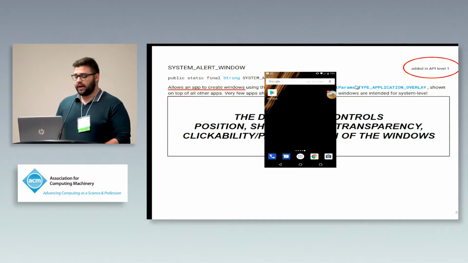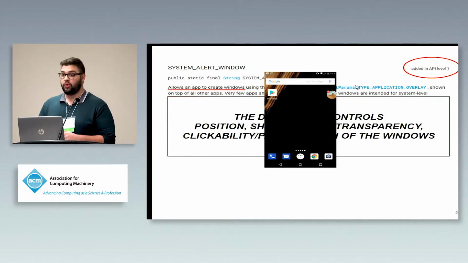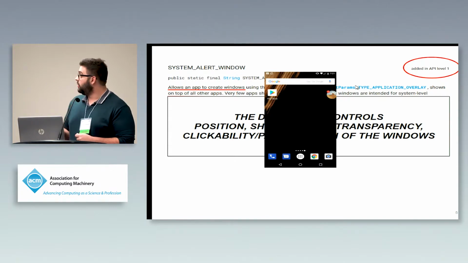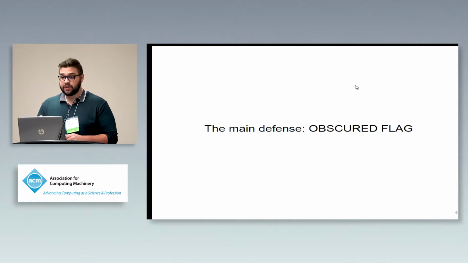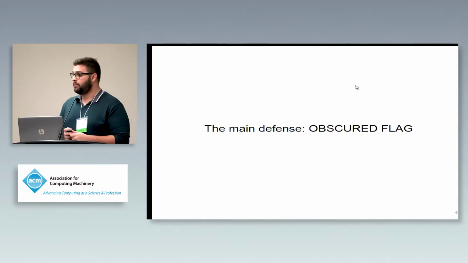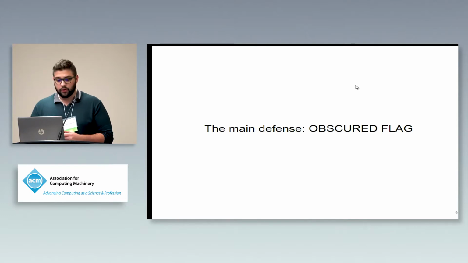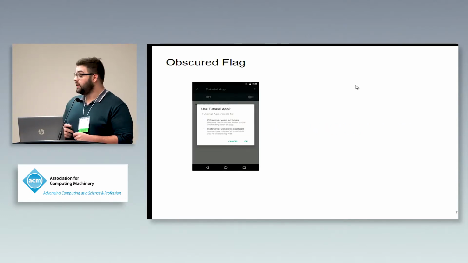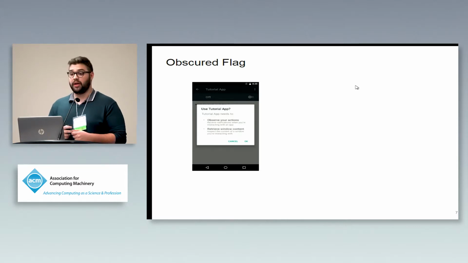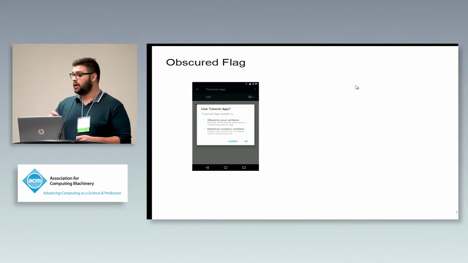It's also very common to find benign applications using this kind of permission to draw some overlays, and probably the best example is the Facebook Messenger application. So Google knew about this problem, and they introduced a new defense mechanism named the obscure flag. How it works is pretty simple. With this flag, the developer can protect sensitive buttons, so that when the user clicks, the application can check if the button that was clicked was covered by any kind of overlay.